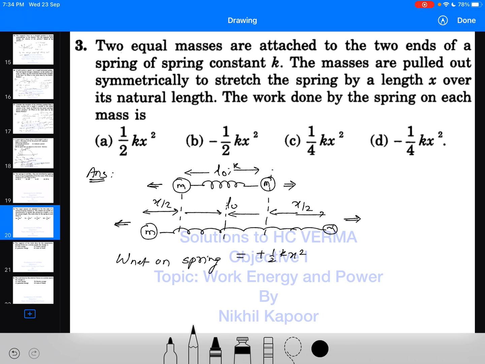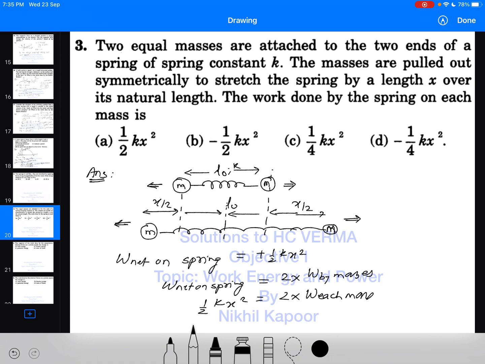As two masses are present, the work will get equally distributed to both the masses symmetrically. So here the net work done on spring is equal to twice the work done by masses, which is half kx square, twice the work done by each mass.